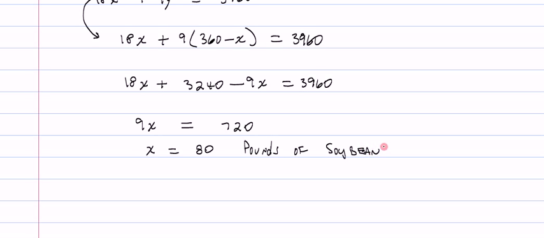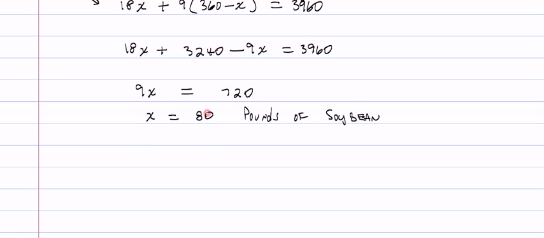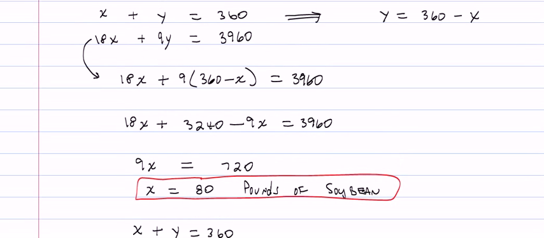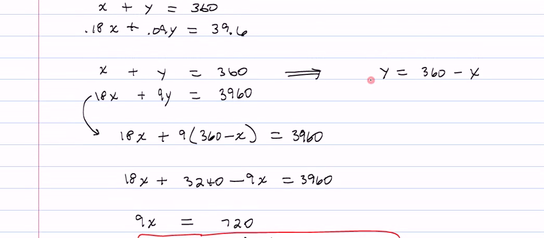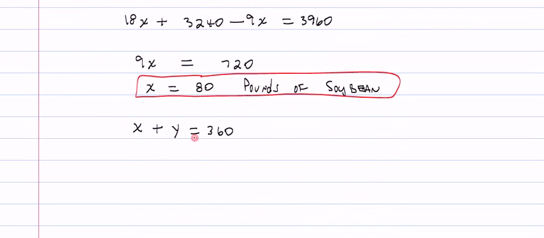All right, well, we need to know the number of pounds of cornmeal. So we'll take this, which is actually one of our answers, and plug it back into the equation x plus y is equal to 360. Well, actually, better yet, we could even plug it into this because we've already solved this equation for y. But same difference basically.